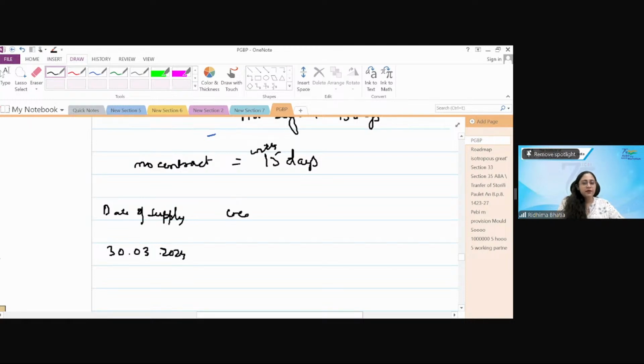And credit period is given 30 days. Now technically by when should the payment be made as per Section 15 of the MSMED Act? 30 days, which, if you count day by day, would come to 28th of April 2024.